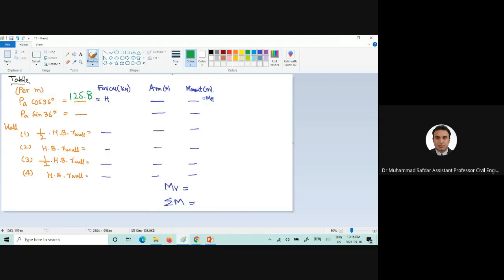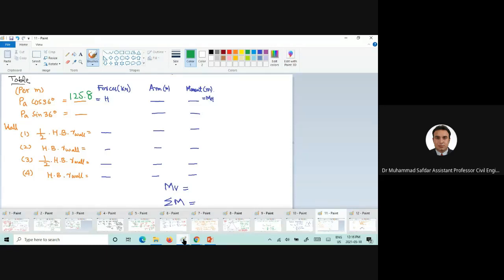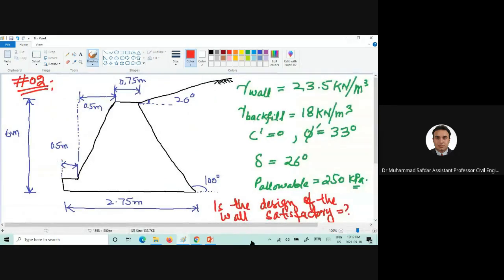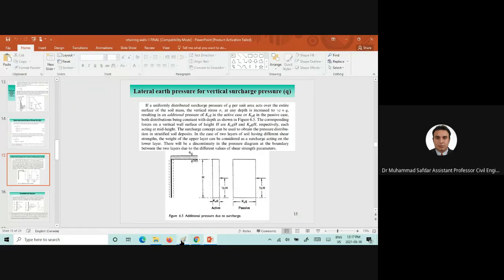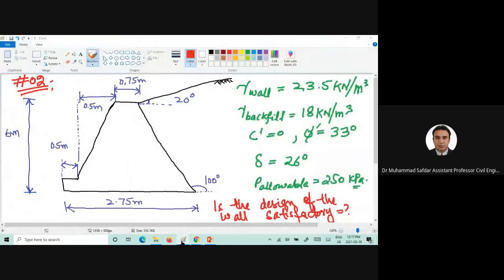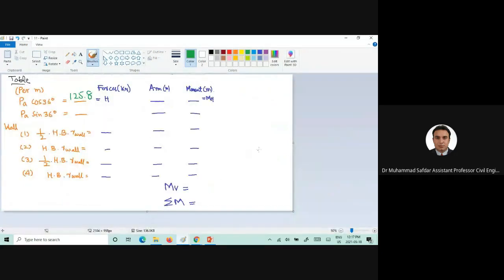And how about the lever arm for that horizontal force? Lever arm for the horizontal force.